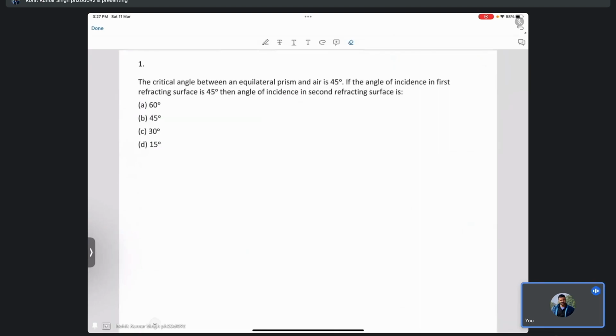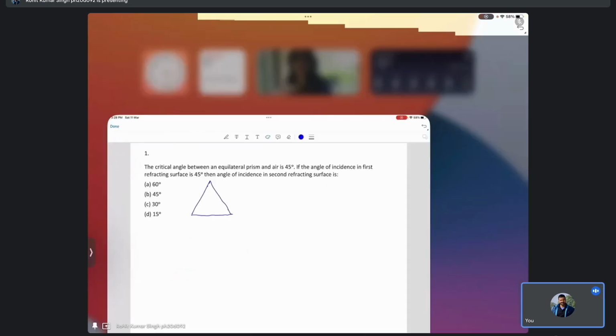So the first problem that we have here: the critical angle between an equilateral prism and air is 45 degrees. So here we have an equilateral triangle. Equilateral triangle means all the three sides are equal and three angles are equal. If the angle of incidence on the first refracting surface is 45 degrees, then what is the angle of incidence on the second refracting surface?